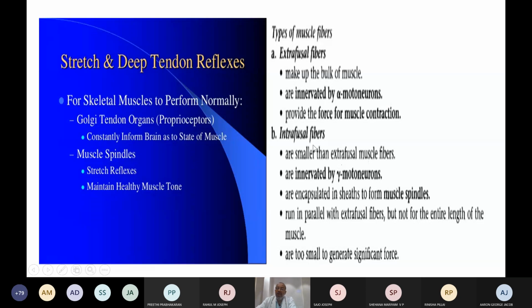Intrafusal muscle fibers are smaller in comparison to extrafusal muscle fibers, innervated by gamma motor neurons, and they are encapsulated in sheaths to form the muscle spindle. They run in parallel with extrafusal muscle fibers, but not for the entire length of the muscle. They are too small to generate significant force.